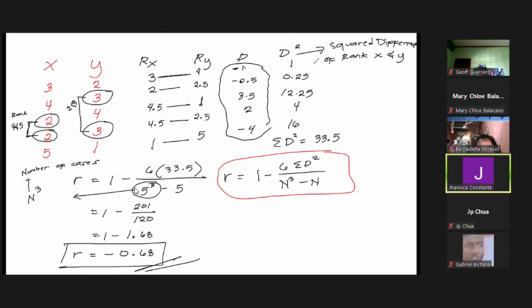So it will be all positive when it comes to your d squared. Okay, any more question about this one? Okay. Can I clear the screen?